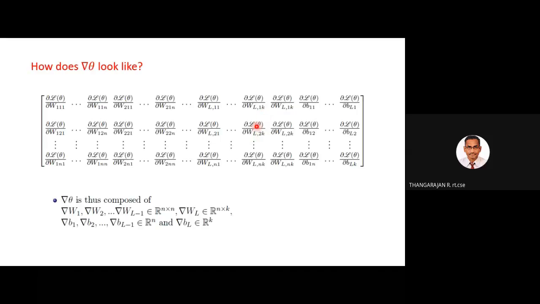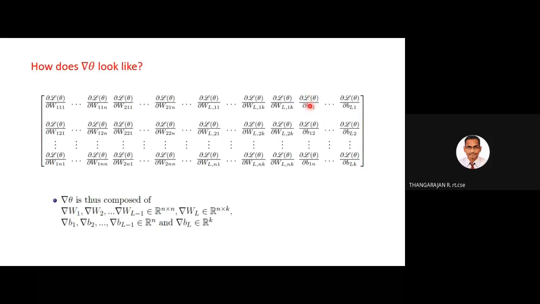Up to this point it is the W matrix, and after that you have the bias. Since bias has only one element, you don't need 3 indices. So the first layer bias is connected from the first layer to the second layer, and so on up to L.